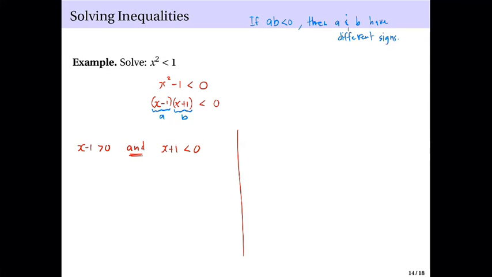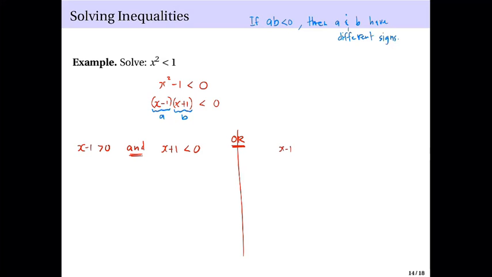That's why we have and. So this is the first case. The second case, I'll use or here in the middle. The second case is what if x minus 1 is the one that is negative and x plus 1 is the one that is positive. So that's the other case.